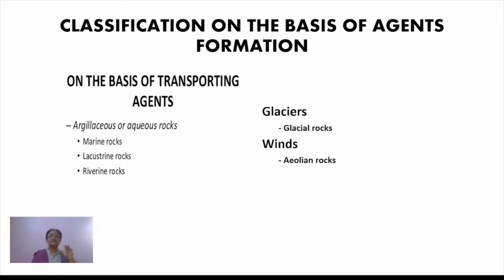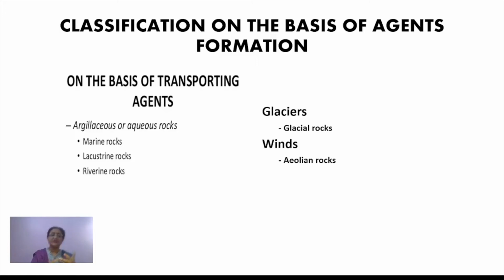Suppose weathered particles are there at one place; now it's the role of these agents. Out of all these agents, 3 belong to the aqueous rocks, mainly related with the water bodies. Number 1 is marine, number 2 is lacustrine, number 3 is riverine. Marine rocks are related with the sea or ocean waves.